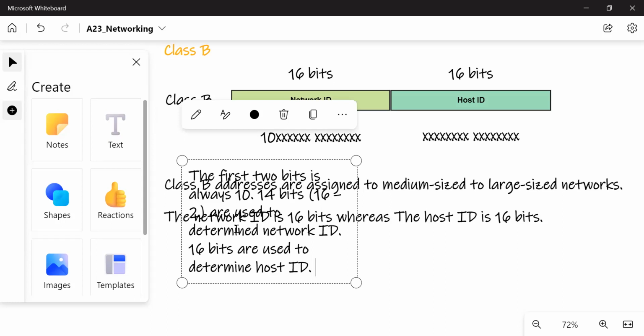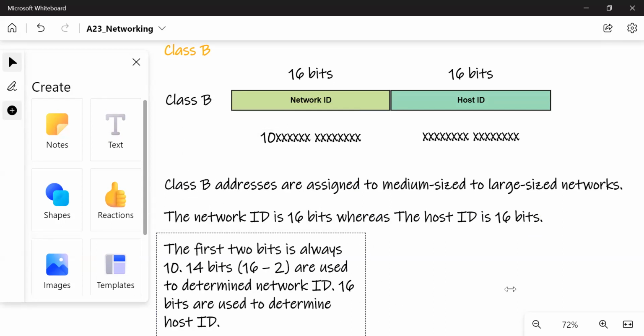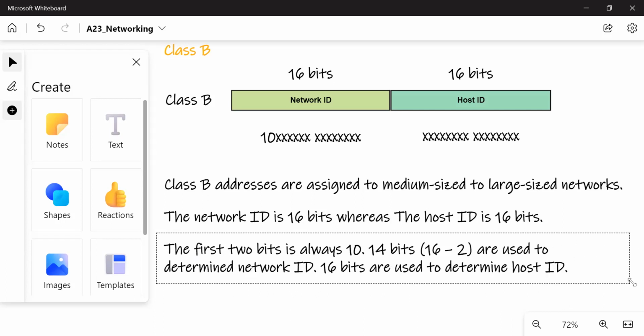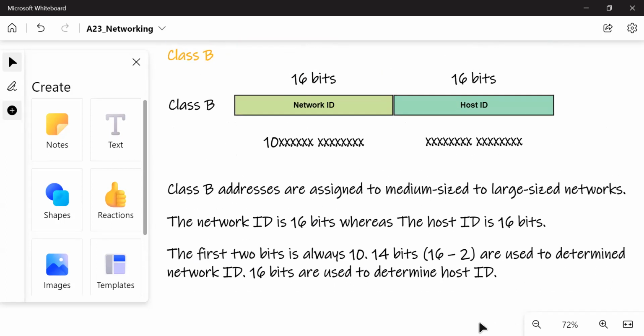So we can say that the first 2 bits are always 1, 0, which we have already discussed. Then 14 bits we will use to determine the network ID, and the remaining we use to determine the host ID.